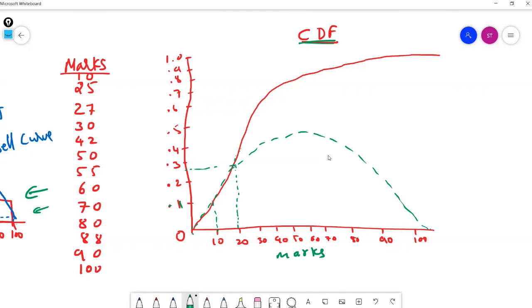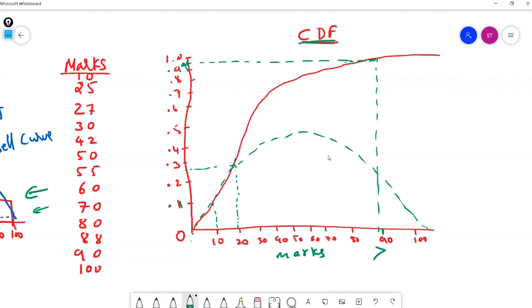If I say 90 marks, for the cumulative density function you can draw this imaginary line. From 0 to 90 marks, it is going to cover up to 95%, 0.95. So the distribution of the marks from 0 to 90 is 95%.